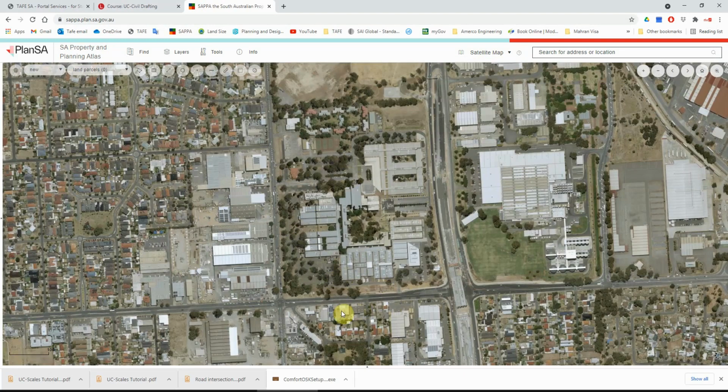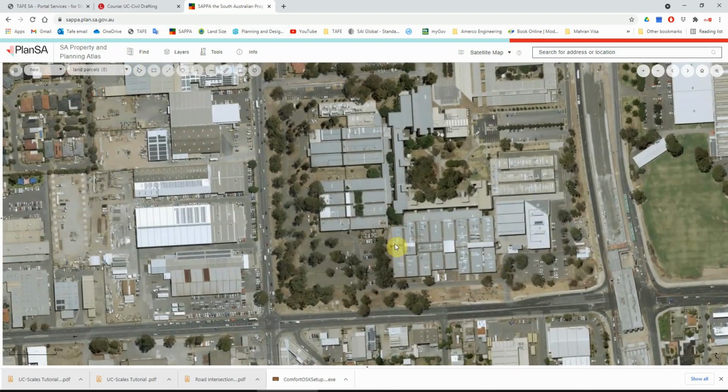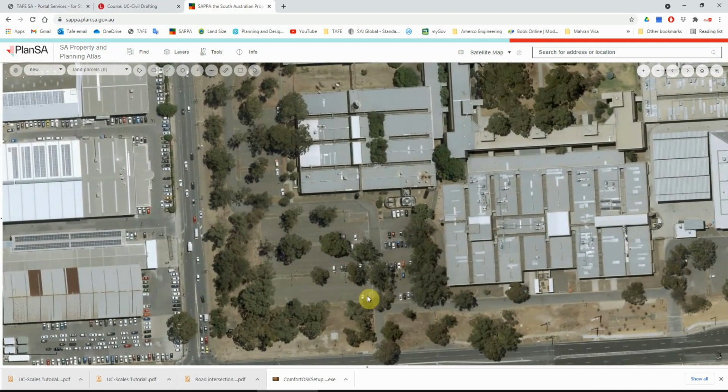Not all the time do we insert PDFs into Civil 3D or AutoCAD. There are many times that we insert images. For example, let's say we've got an inquiry. We are consulting engineers, civil engineers. We got the inquiry to design the site drainage, the stormwater drainage for this car park area, for example.